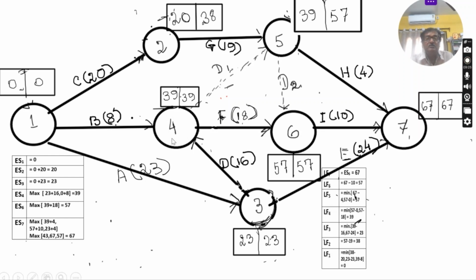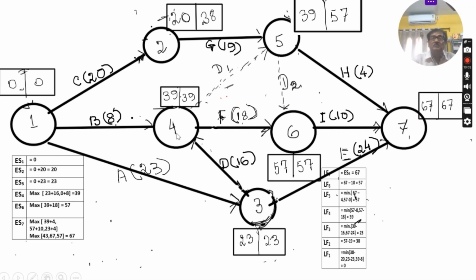to reach this point. First I am checking from this side. 0 is the earliest start time for this, plus 8 days. ES4, 0 plus 8. And if you need to complete this task, then the earliest start time is 23. सबसे कम समय 23 दिन का लगेगा यहाँ तक पहुँचने के लिए, plus 16 days required to complete this task.